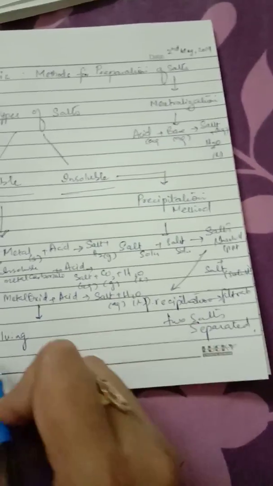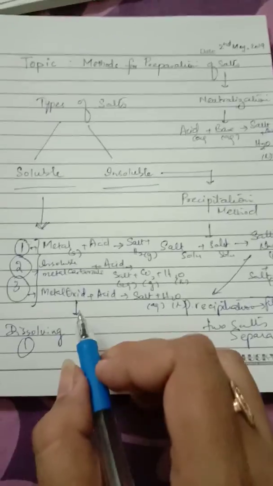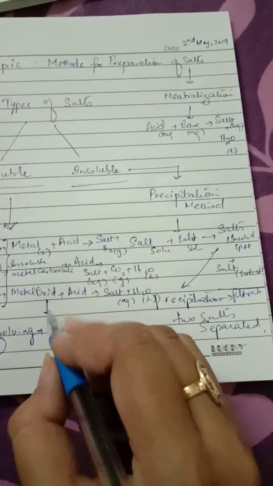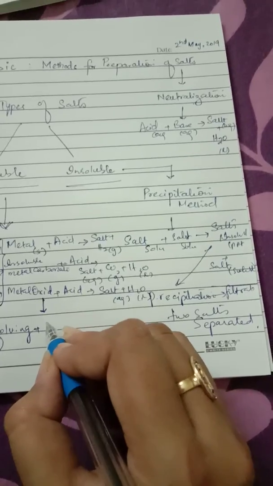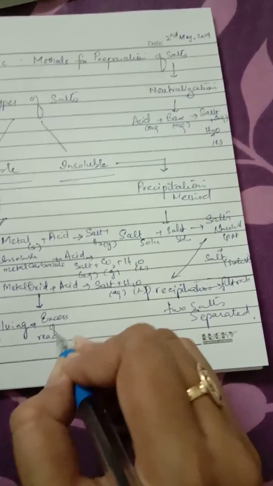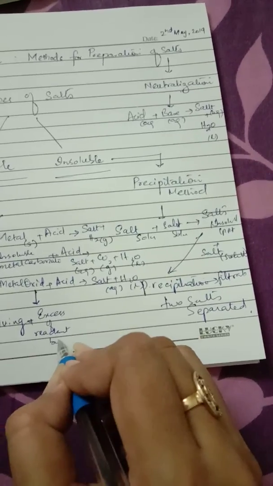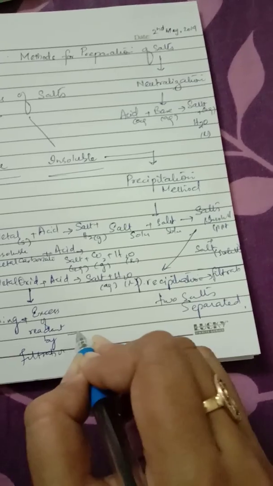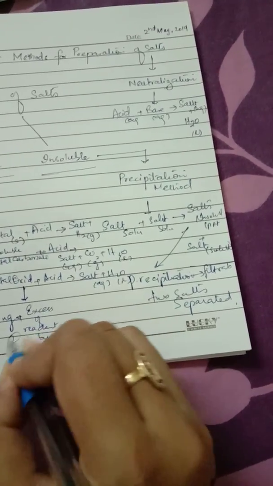First we dissolve; this is step number 1 according to CIE when you are going to write. Then we have filtering, where the unreacted or excess reactant is removed by filtration. This is the second step.